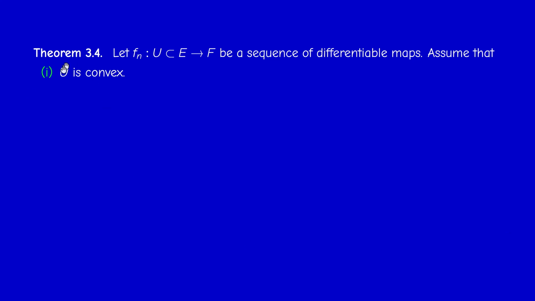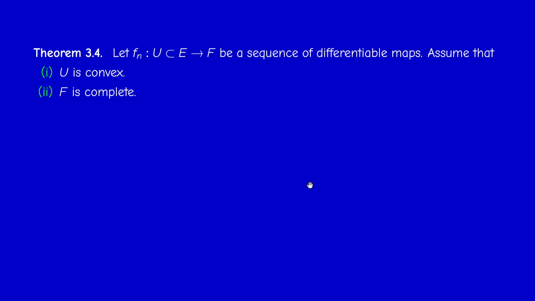You will see why we need this restriction, and then we will weaken it a little bit. The target space is complete, and this is the second time where we need the completeness assumption. So F is a Banach space.